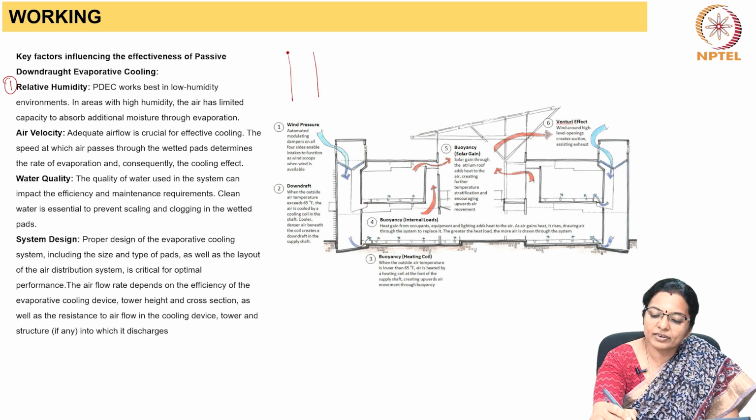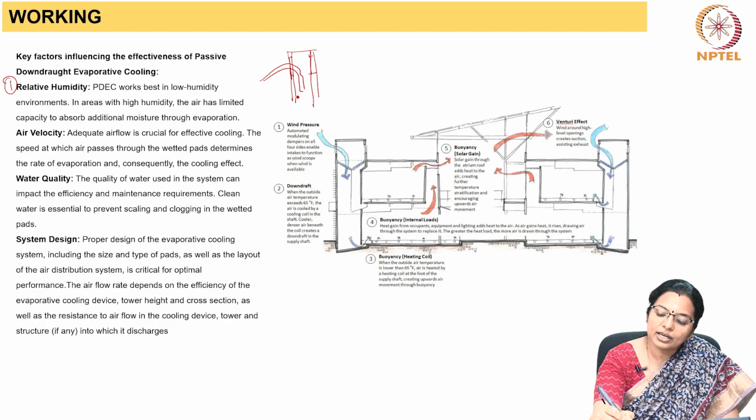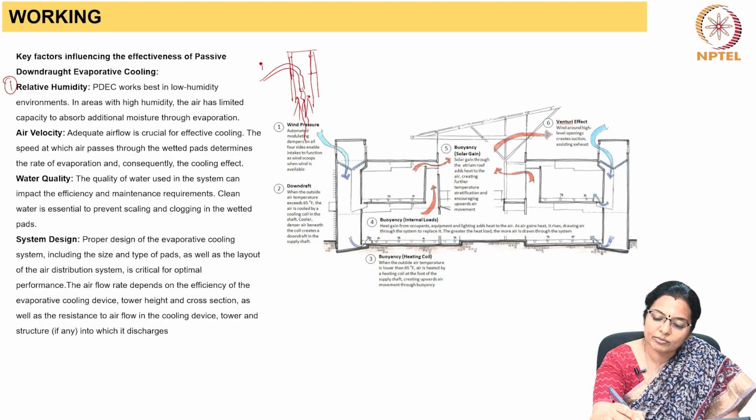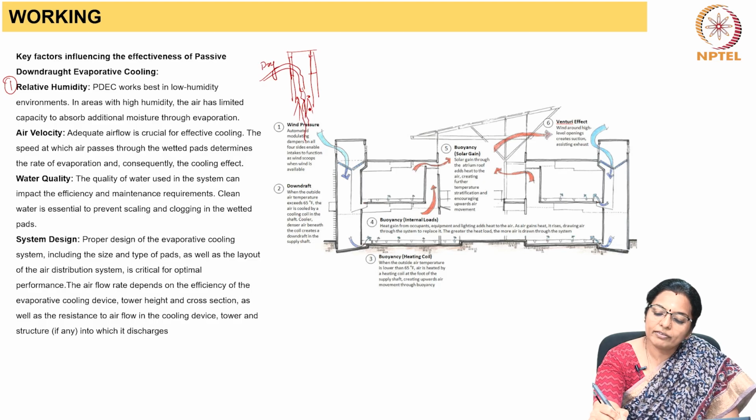So, if we have a tower with a slit, then the air that comes in absorbs the moisture, and unless the air is dry, it will not be able to absorb the moisture.